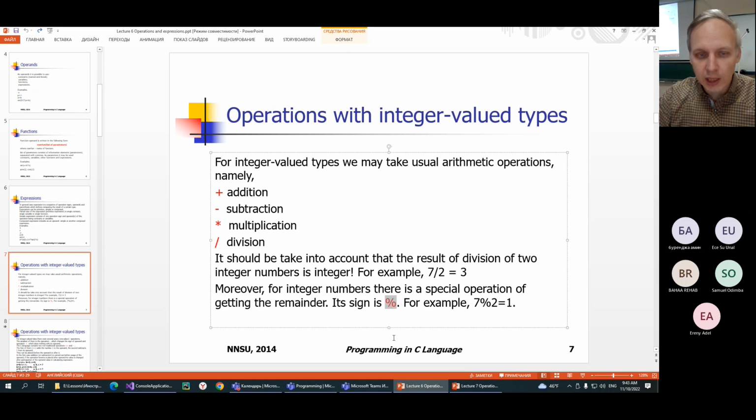Also, we can apply a special operation for integer numbers, the percent sign, that corresponds to the operation of getting the remainder of the division. In this case, 7 % 2 equals 1. We discussed these operations in a previous lesson.